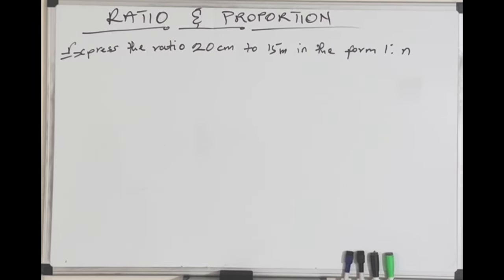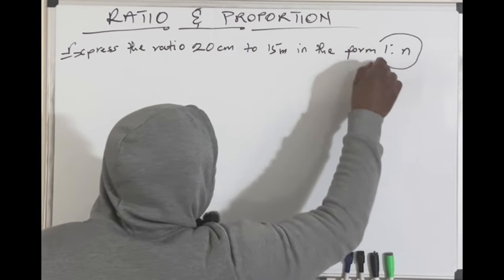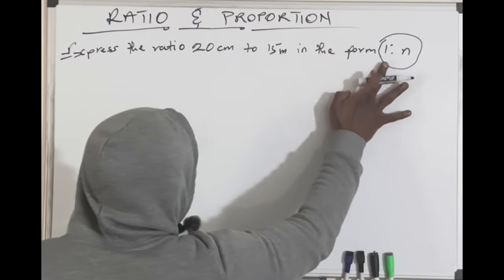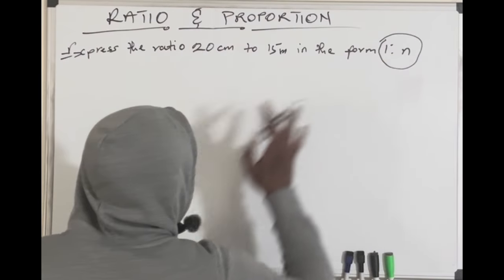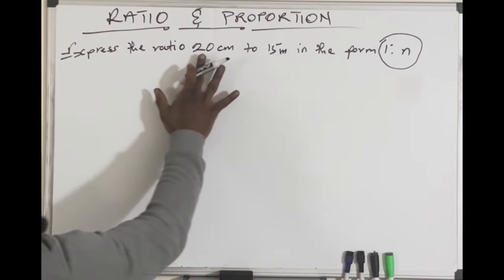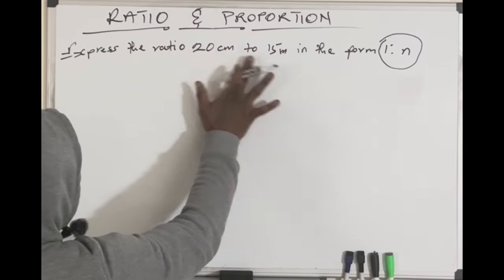Okay, with our second question, we're saying: express the ratio 20 centimeters to 15 meters in the form 1:n. So what it means is our final answer needs to be 1 is to a number. Okay. All right. So first of all, centimeters, meters.